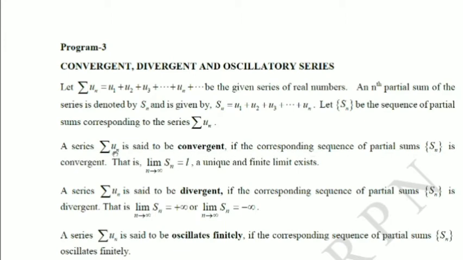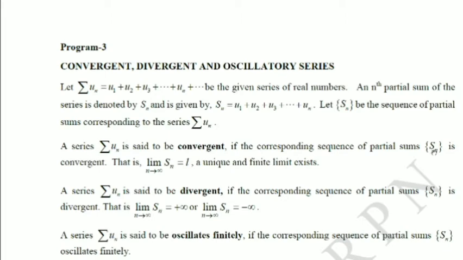So if summation un is the given series, and if Sn is the corresponding sequence of partial sums, then this series is convergent if its partial sum sequence is convergent. So summation un is convergent provided this sequence is convergent.